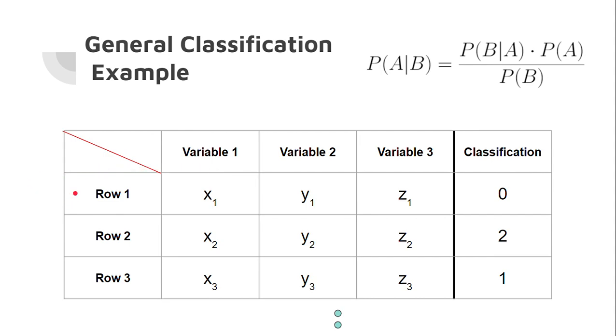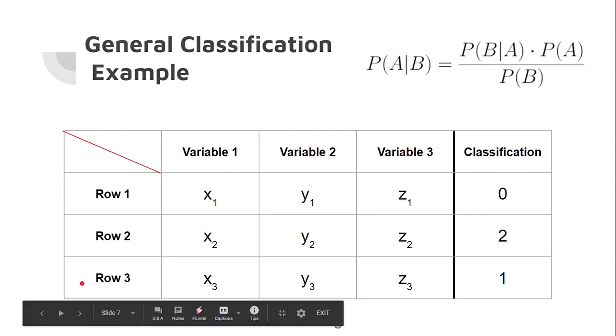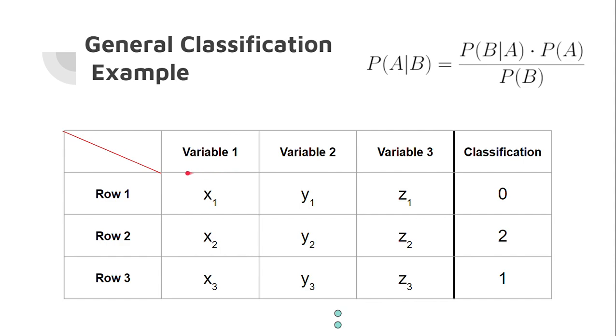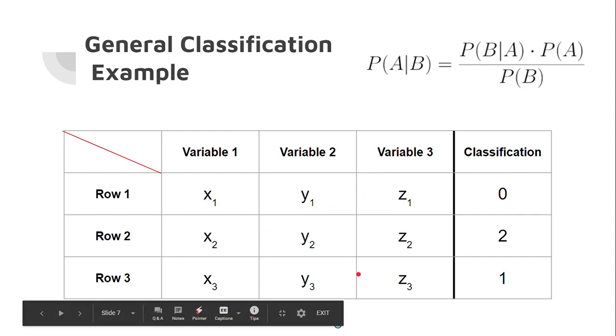Row 1 is object 1, row 2 is object 2, and row 3 is object 3. These objects have different variables or attributes to them. So you have variable 1 or attribute 1, variable 2 or attribute 2, and variable 3 or attribute 3. Respectively, these values are x1, y1, and z1 for the first object, and so on and so forth for the other objects as well.